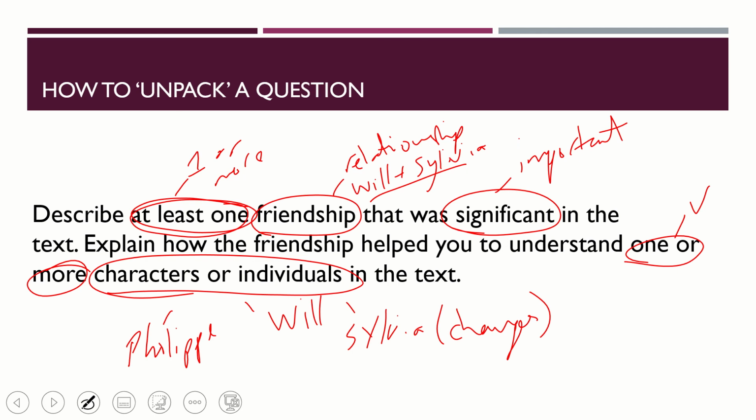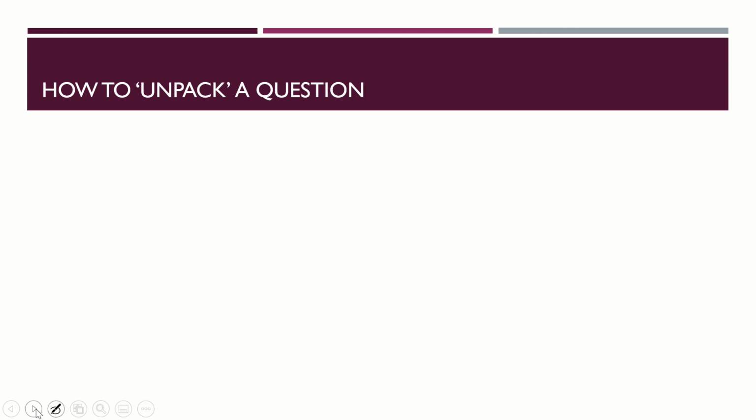Okay, so this particular question, I would talk about Will and Sylvia's friendship and how it taught me things about Will, about Sylvia, and about Philippe. Okay, so that's quite a good question, but you've got to make sure that you're unpacking all of the elements. Let's try another one.